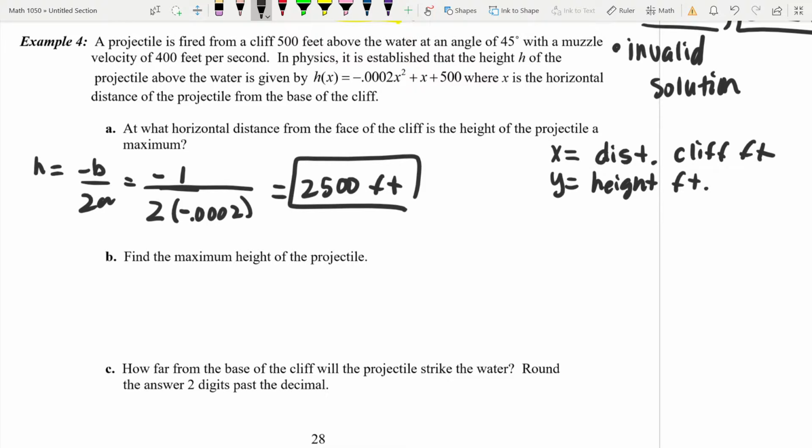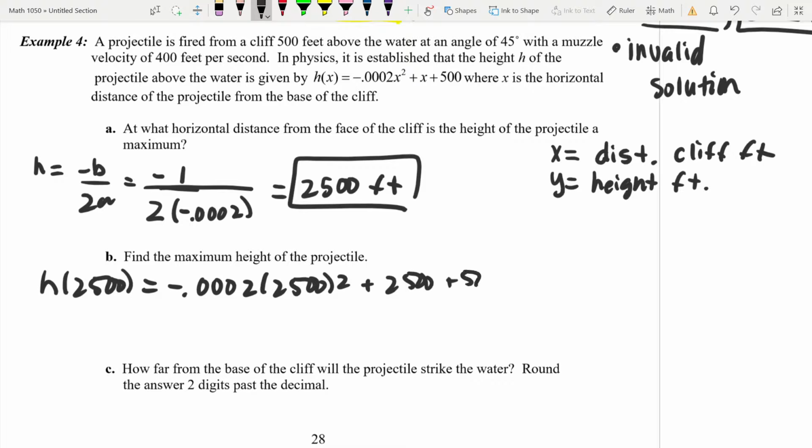We just keep doing the same thing, right? Plug it in. So everybody go, h of 2,500 is equal to negative 0.0002 times 2,500 squared plus 2,500 plus 500. If you want to store 2,500 in your calculator and hit membar here and membar there, you can.